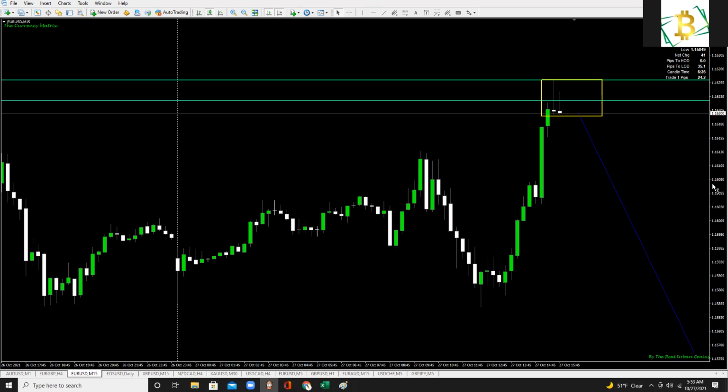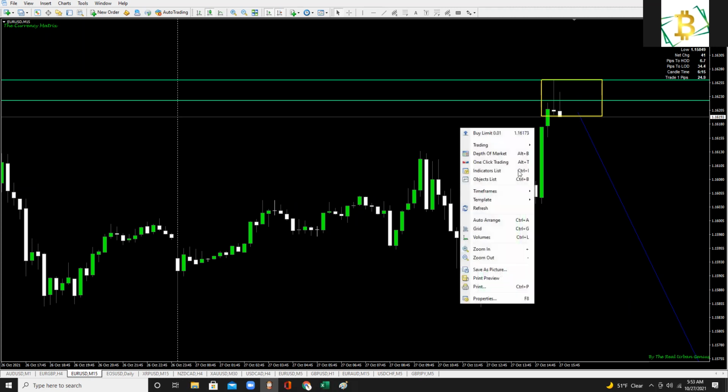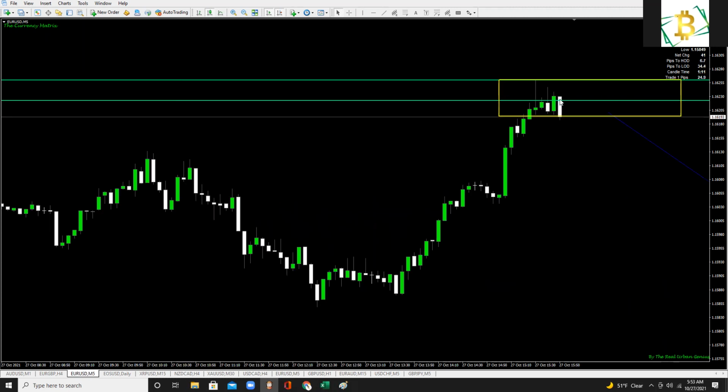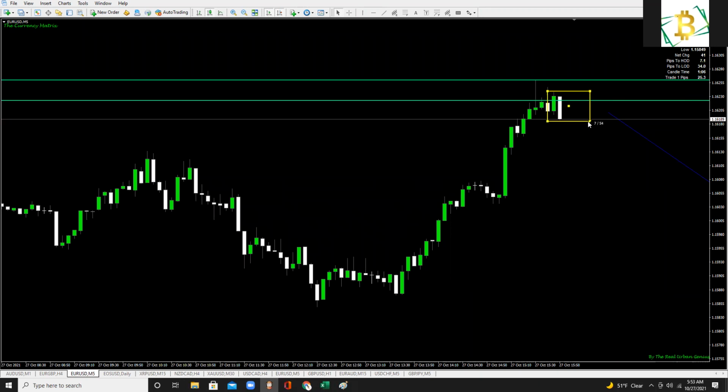Here on the 15-minute chart, as you see, that structure, 2 bears following the bulls. Nice sign that the bears are in this area. If we come in here to the 5-minute, as you see, the bears are in. This particular candle that's forming right now is a bearish engulfing pattern.